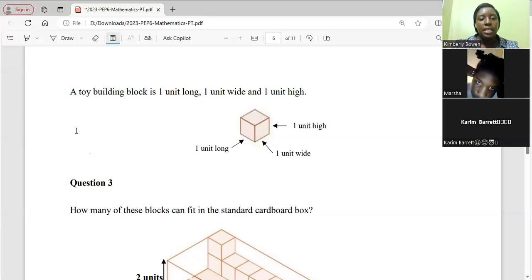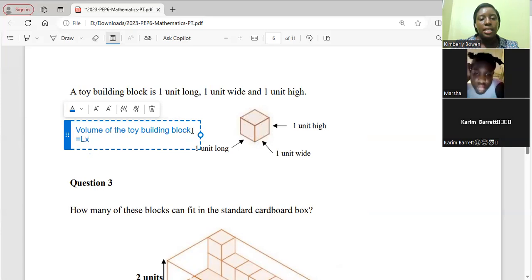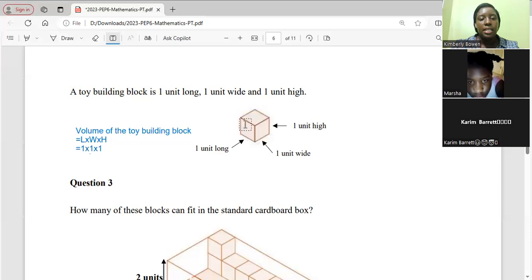So we can say the volume of the toy building block. And it's the same thing, the same formula we're using, the length times the width times the height. Now all of this is 1, right? So the length is 1, the width is 1, the height is 1. Are we seeing that right here?